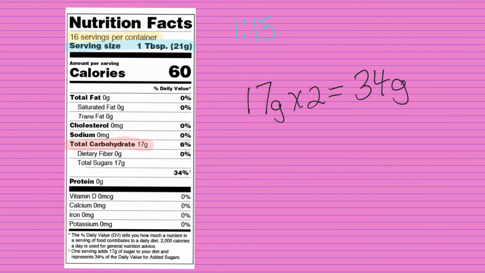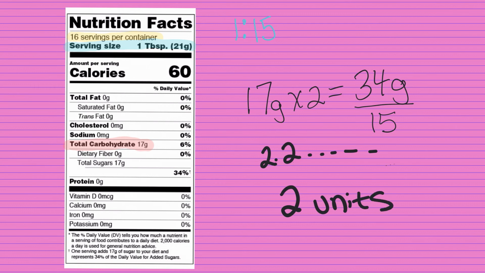And our insulin to carb ratio, remember, is 1 to 15. So we're going to take this magical number here and put it under 34. We're going to divide 34 by 15, and that gives us something like 2.2 something or other, right? Give ourselves 2 units of insulin for those 2 tablespoons, which is 2 servings.